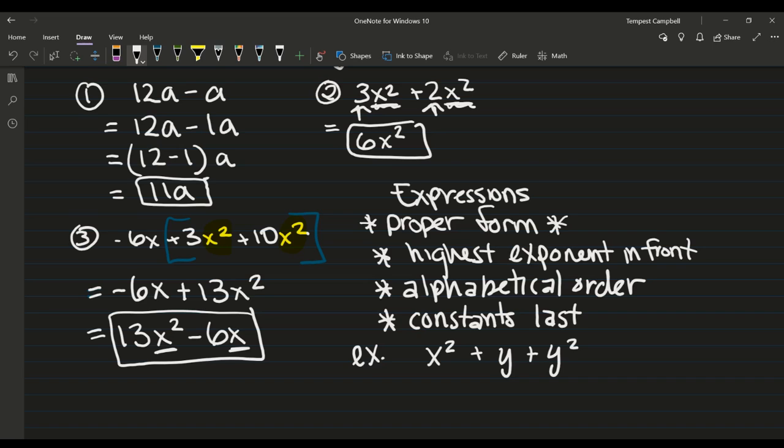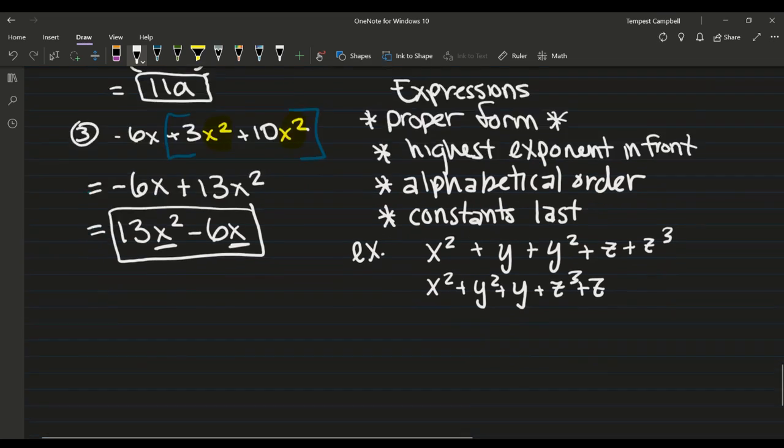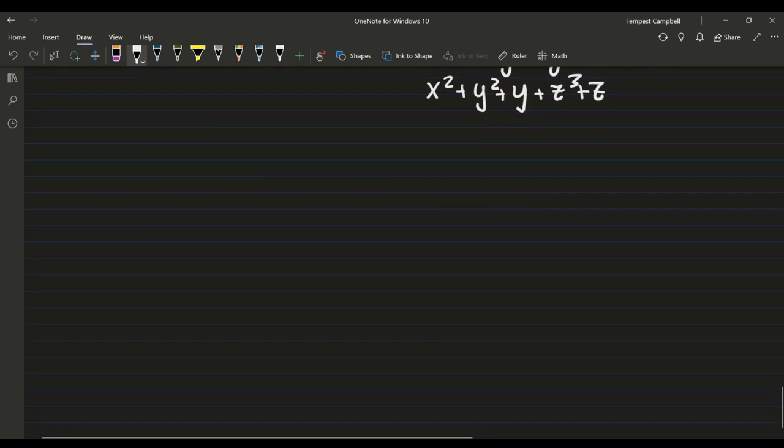What you would do is go in alphabetical order, so x, y, so you'd have x squared plus y squared plus y. And then if you say you had z plus z cubed, you would say z cubed plus z. Okay, we'll talk about that more. I'll keep emphasizing it. Let's look at number 4.